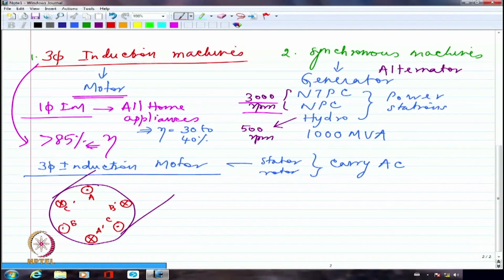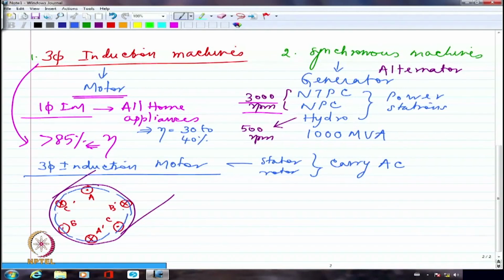So what people normally do is to allocate about 60 degrees for A, 60 degrees for A dash, another 60 degrees for B dash, 60 degrees for B, another 60 degrees for C dash, another 60 degrees for C. So I have totally 360 degrees.